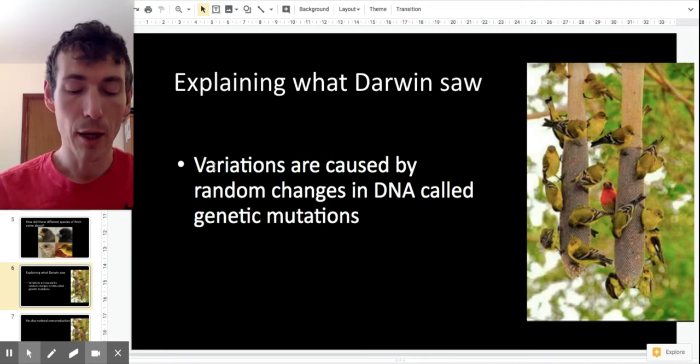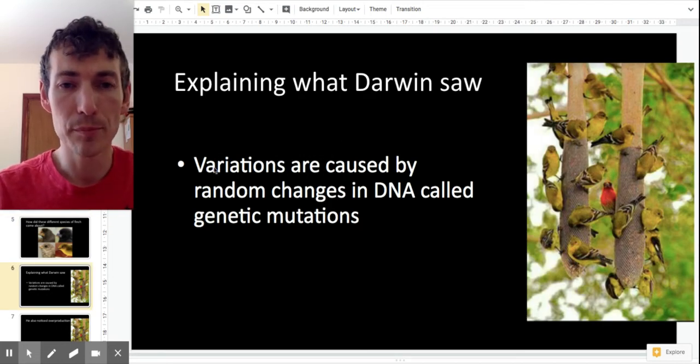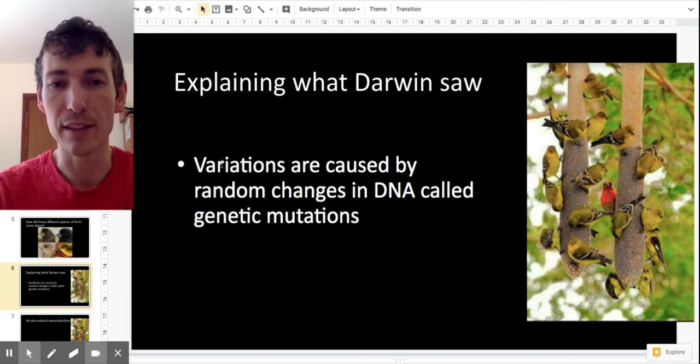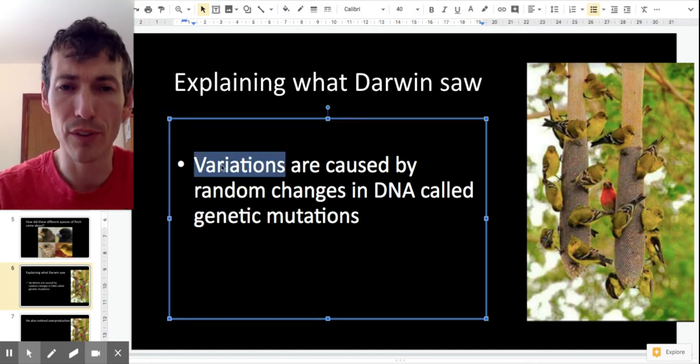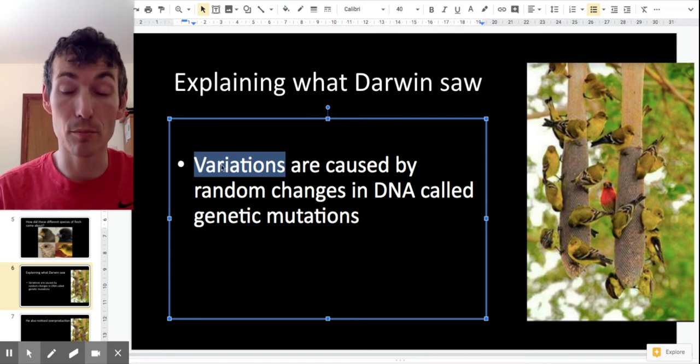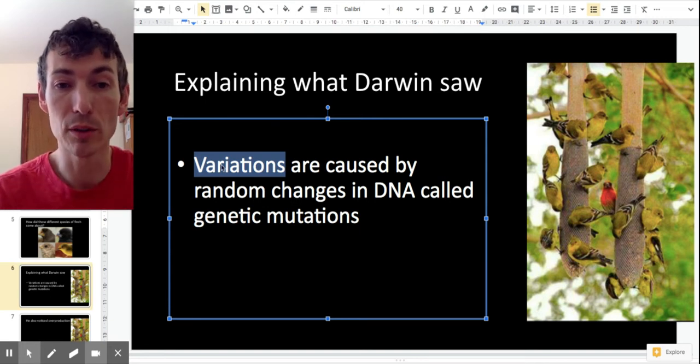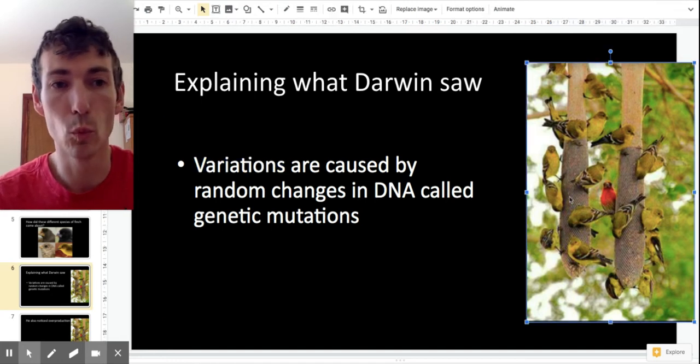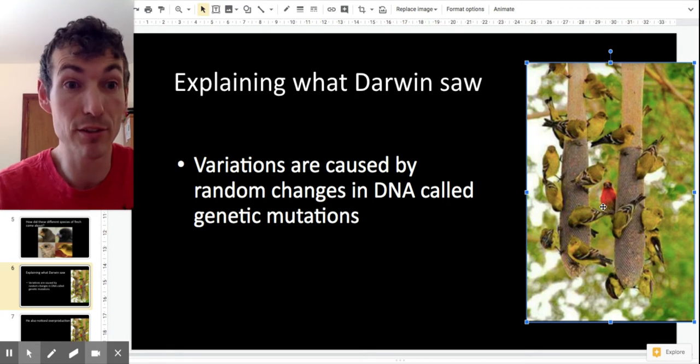Now, Darwin went about explaining it. And one of the big things that he noticed when he started to look at these birds was variation. Variation just means that there's a difference, okay? There are differences within the same species.